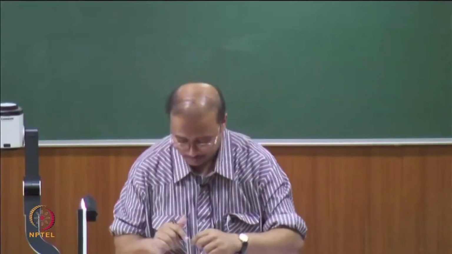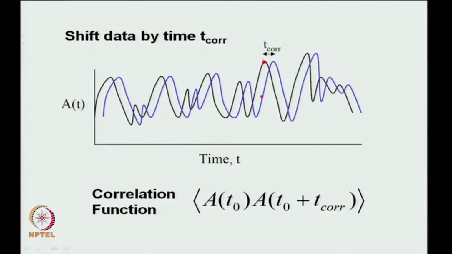Do you see that or not? Let me see whether I can do it. This is what I started with, right. This was one curve, and this was the dotted curve, both at t naught. Now, my t naught is still here, because that is what I started with. What I have done is I have moved it by T correlation. Initially it was A t naught times A t naught, both here.